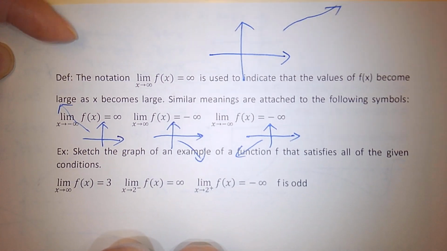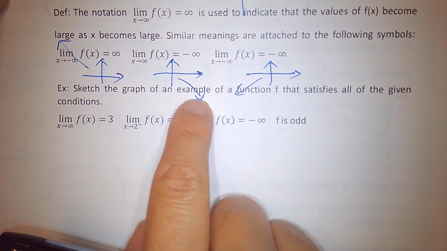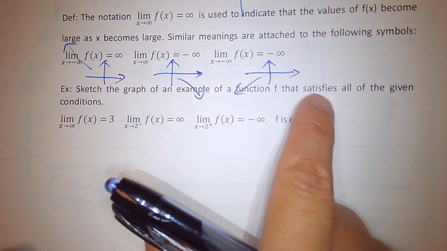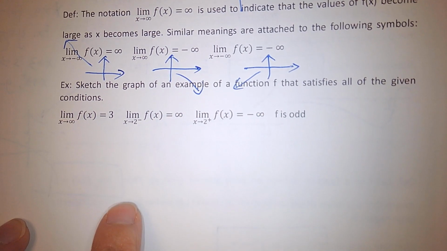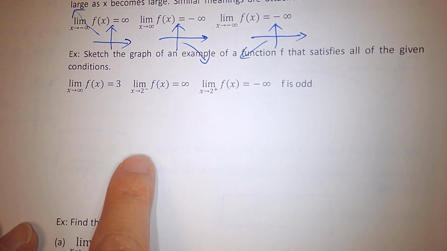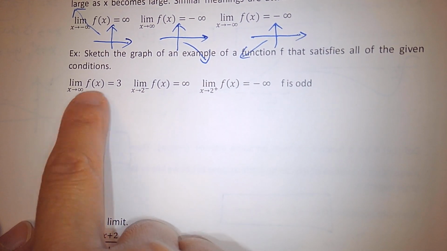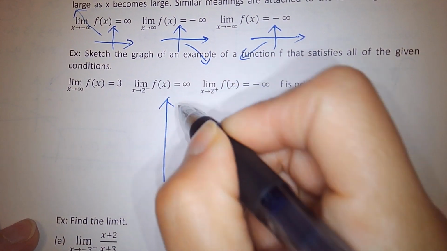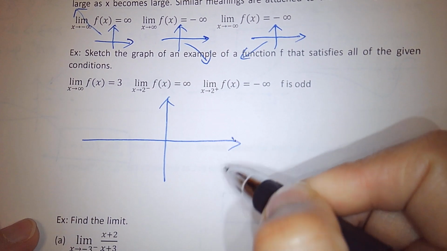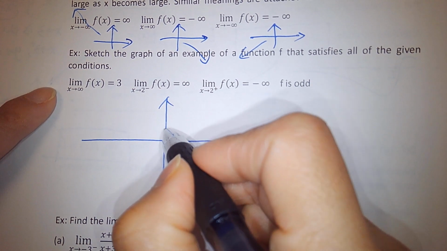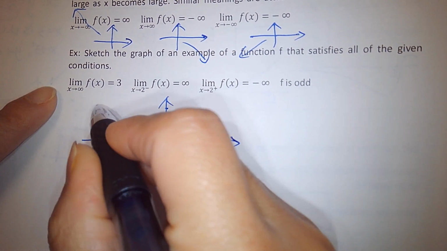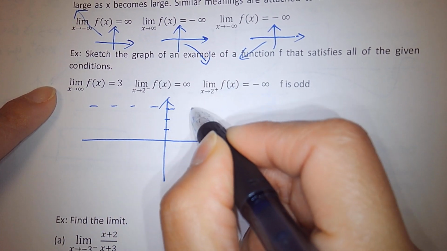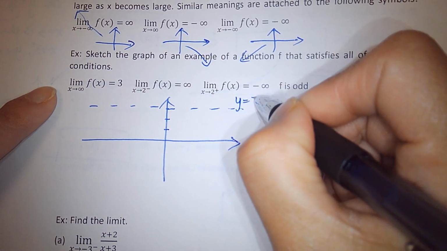Okay? Now, this example, sketch the graph of an example of a function f that satisfies all of these given conditions. X goes to infinity, y approaches 3. So that means y equals 3 is our horizontal asymptote, right?